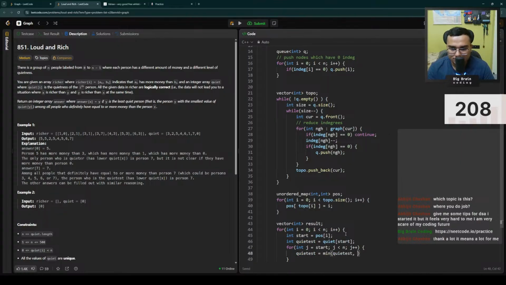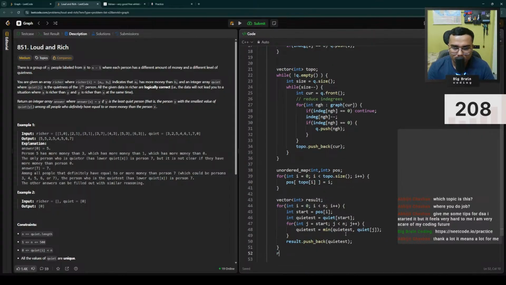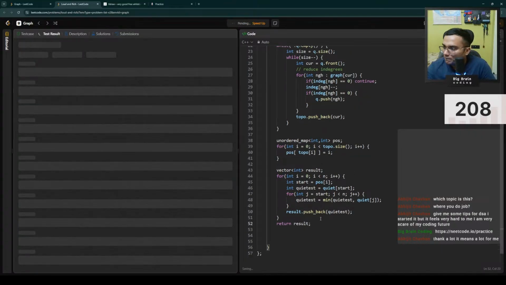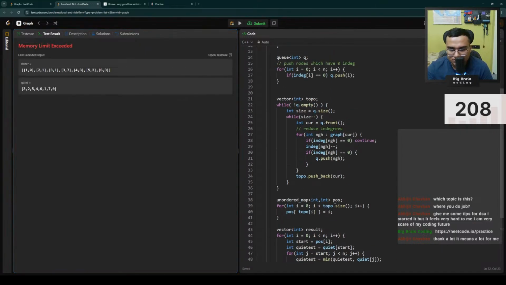Min of quietest and quiet of j. Result dot push back quietest. Hopefully I did this right. Let's see. Memory limit exceeded, so I messed up somewhere.